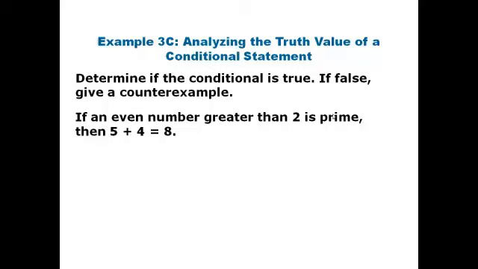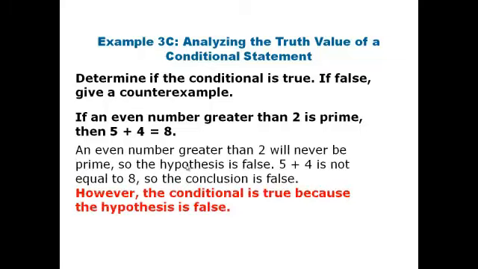All the rest of them are divisible by 2, so they can't be prime. That makes this hypothesis false. And remember what we said. If the hypothesis is false, it doesn't matter if the conclusion is true. The conditional statement is true. That's insane, right? This conditional is true because the hypothesis is false.